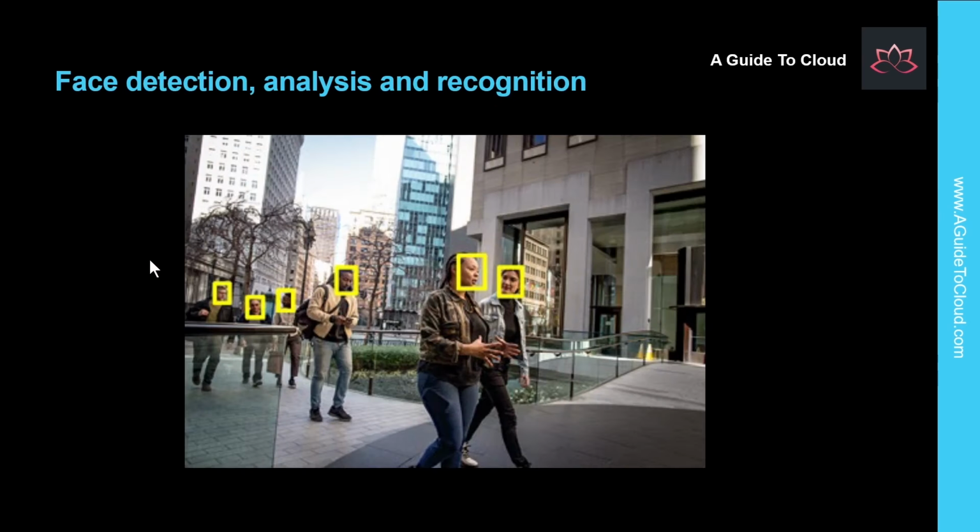The next one is face detection, analysis, and recognition. Face detection is a specialized form of object detection that locates human faces in an image. This can be combined with classification and facial geometry analysis techniques to infer details such as age and emotional state, and even recognize individuals based on their facial features.